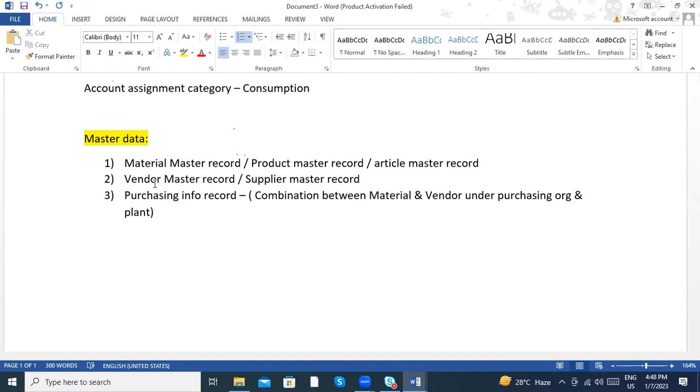So what information will be there in the info record? The vendor and the material: for this particular material, when the vendor is supplying, these are the conditions. For this particular product, when the vendor is supplying to this purchase organization or this plant, there are some conditions and a price. If he supplies the same product to Hyderabad, then it will be 1,000 rupees. Let's assume it is 1,000 rupees.